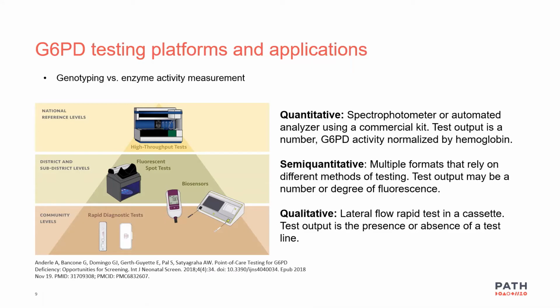And with each of these testing platforms, you need to go through a process to turn the test result into a G6PD classification that can be used for clinical decision making. And I think each of those platforms has certain challenges. Next slide.